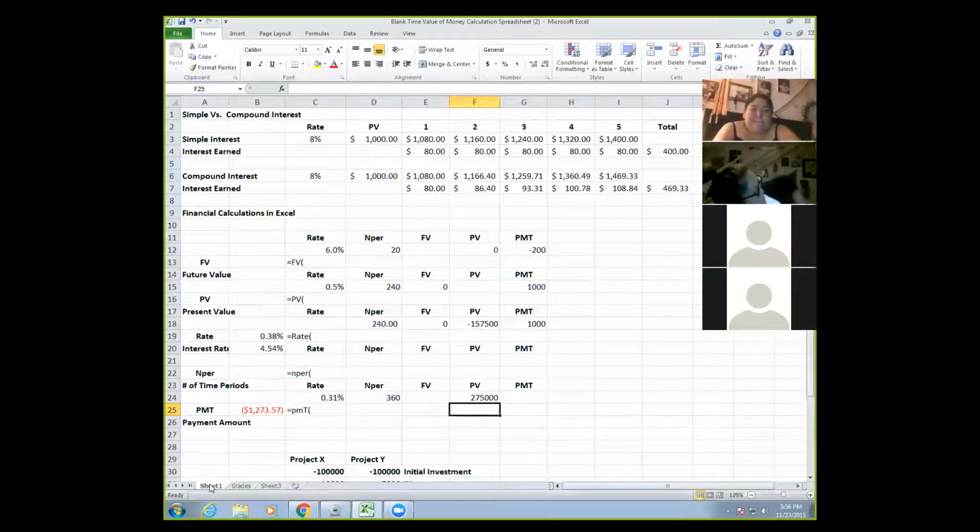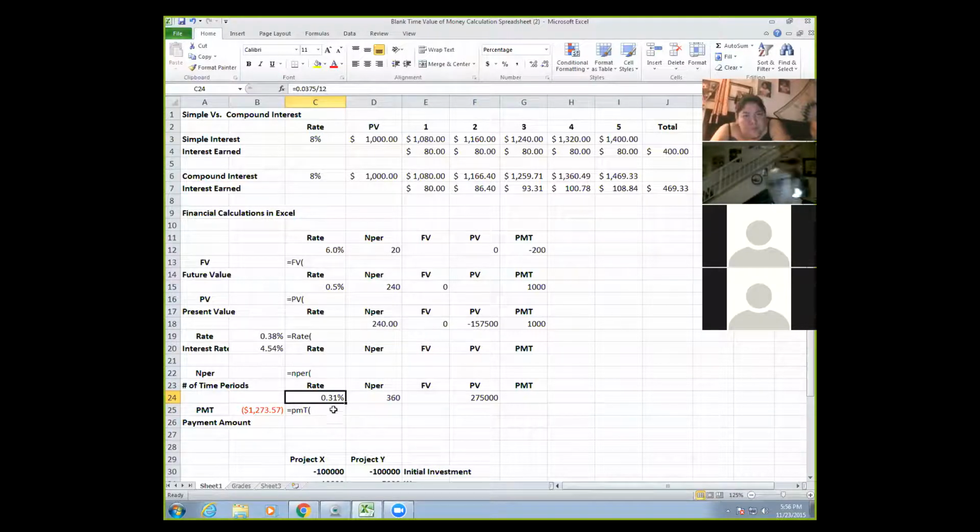All right, so the answer was 1273.57. So I'll show you. This is, again, a monthly calculation. So you have to have your time period and your interest rate in months. I took 0.0375 divided by 12.